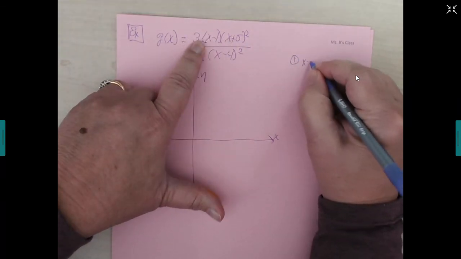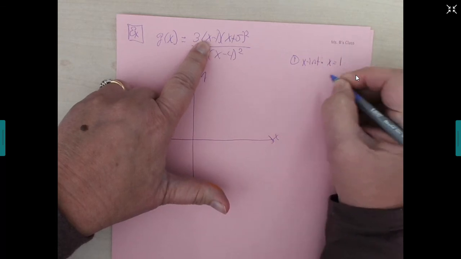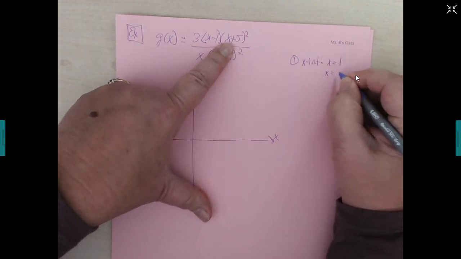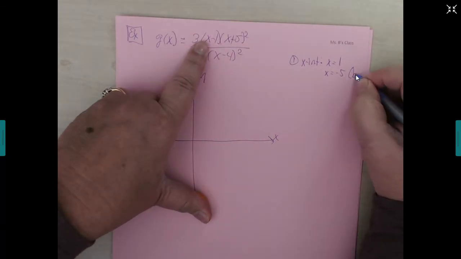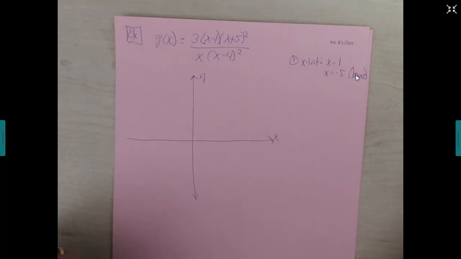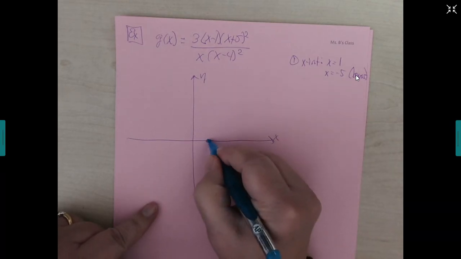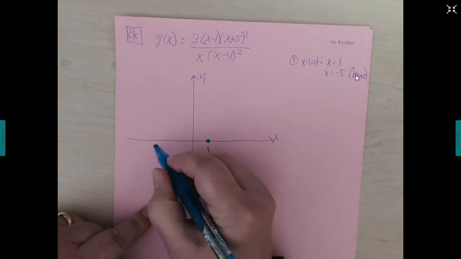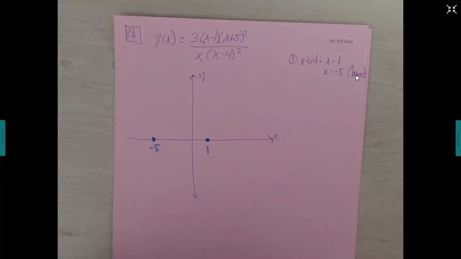At x-intercepts at x equals 1 and x equals -5. And that will have a bounce. So let's draw them in. Go for it. So at 1 and at -5.